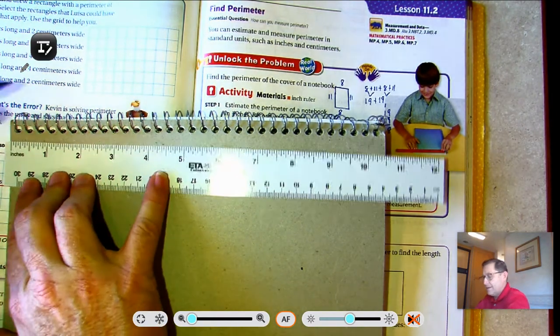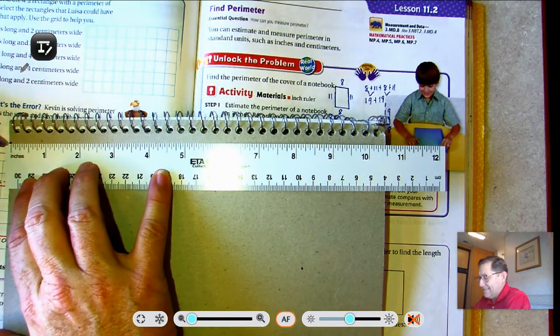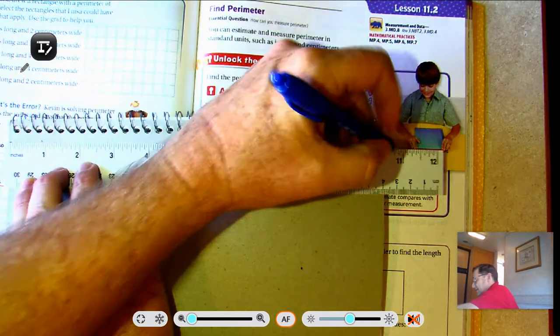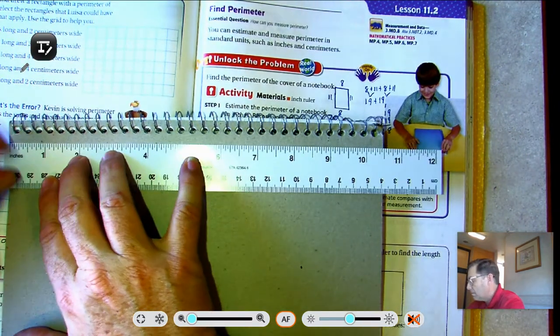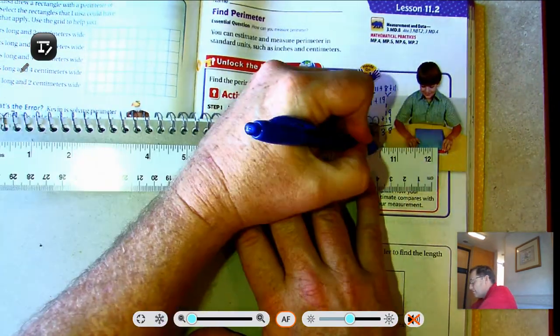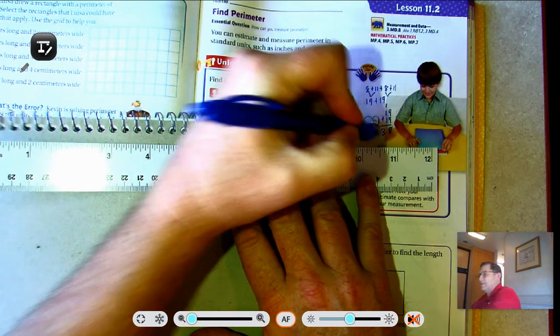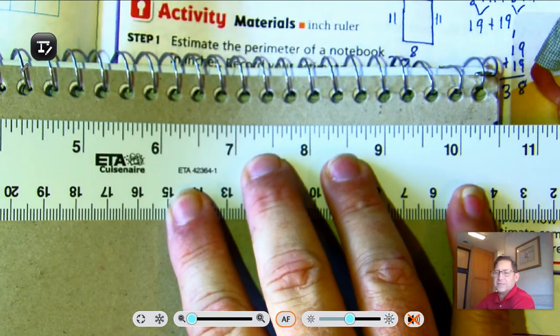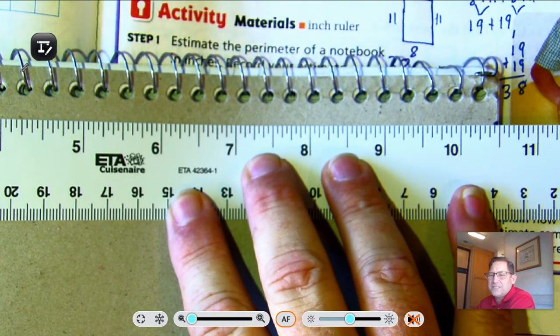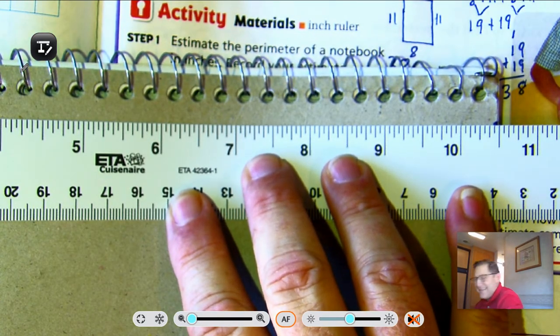And now where does it end? It ends right there. So let's look at that. That's just about 10 and a half.